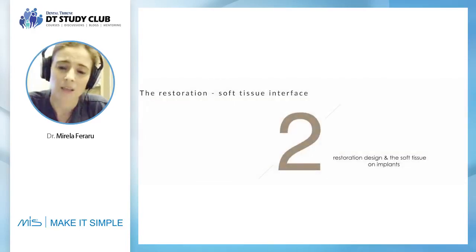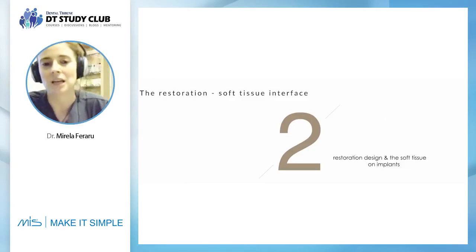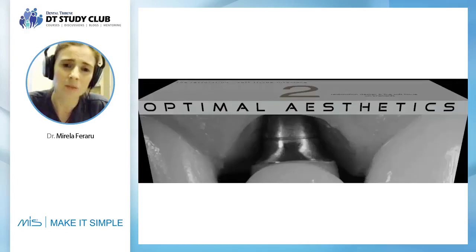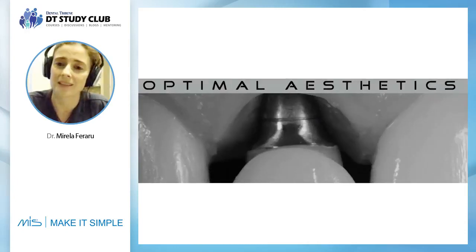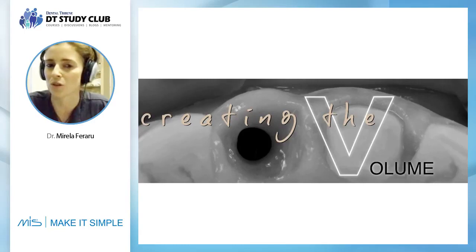Now, when we move to the implant side, the concept that I just described applies with some variation also for implant-supported restorations. And when we talk about optimal aesthetics around implants, we all agree, I guess, that we talk about a volume of tissues, and it can be related more to the hard tissues or to the soft tissues.